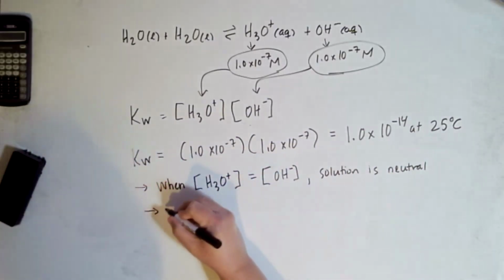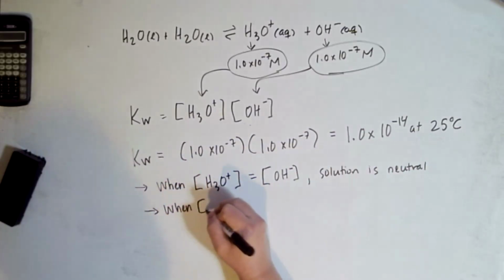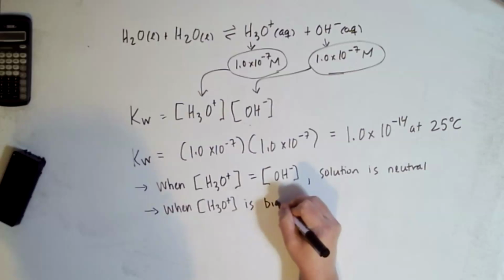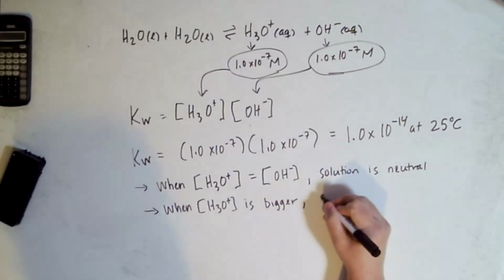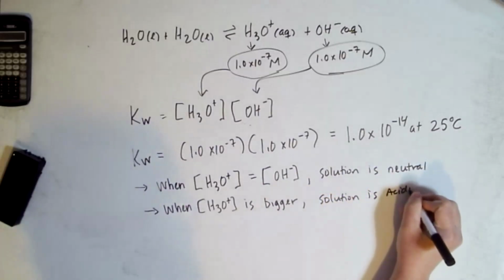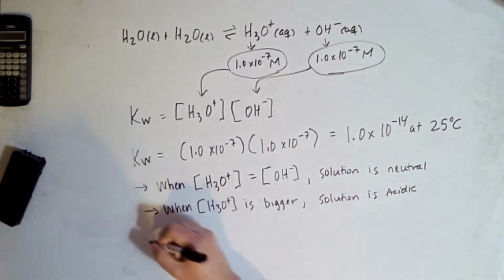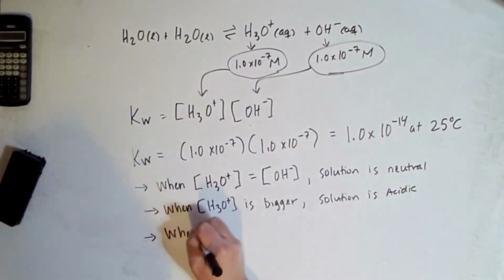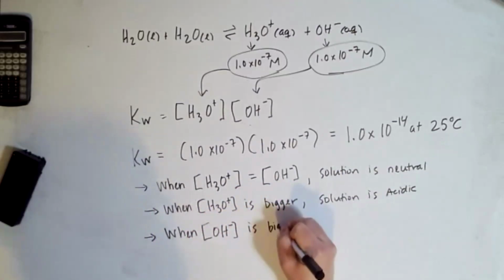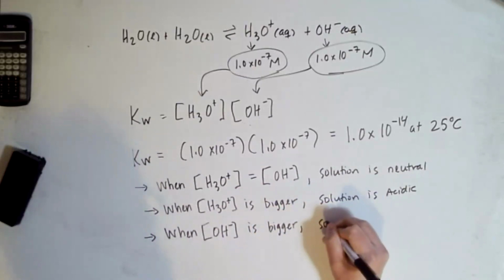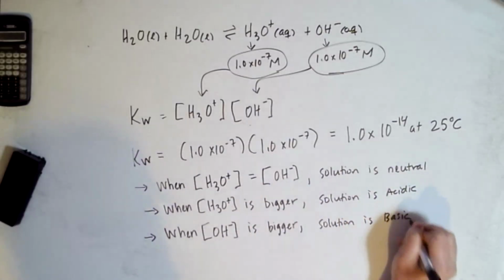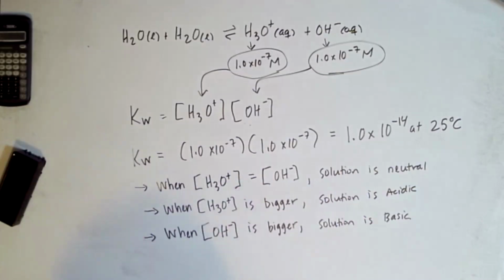When our H3O plus concentration is bigger than our OH minus, that's when our solution is going to be acidic because we have more of the acid component. And when our OH minus concentration is bigger, our solution is going to be basic. Okay.